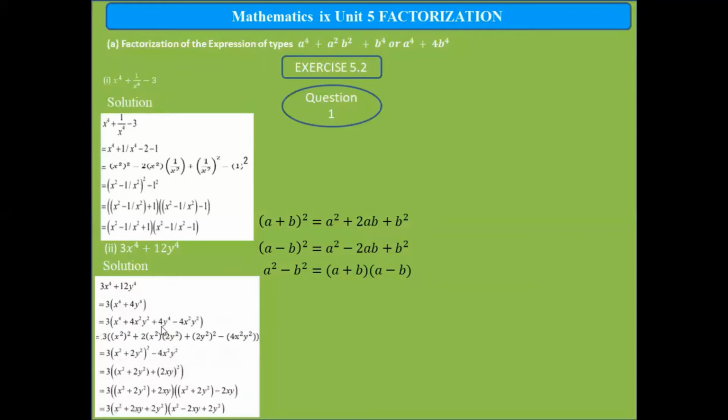So this can be written as x square whole square plus 4x square y square, and 4y raised to power 4 can be written as 2y square whole square. From the formula, x square is a and 2y square is b, and this 4x square y square can be written as 2xy whole square.